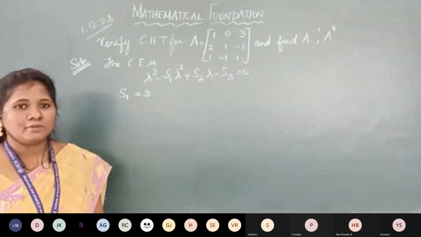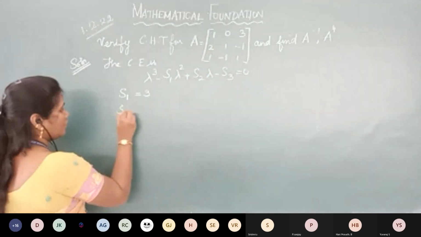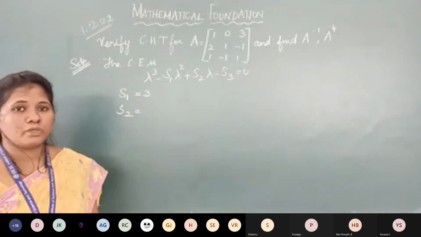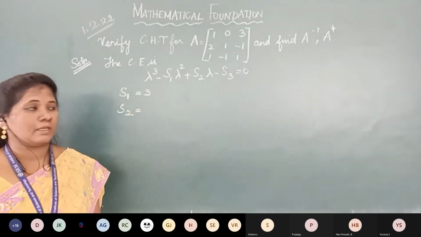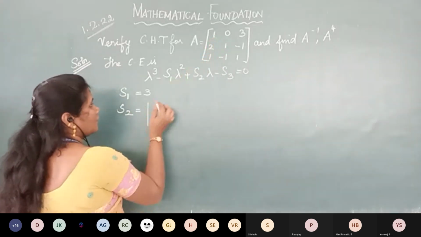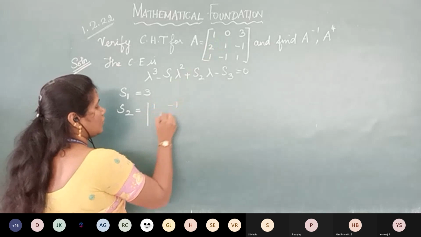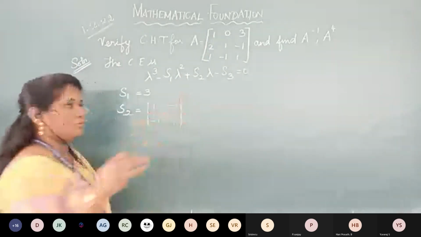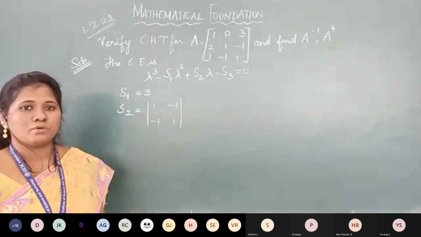And then your S2 is the sum of the minors of the main diagonal elements. You have to take the minors of the main diagonal. So the minor of this 1 will be 1 minus 1 minus 1 1. Always write it and do it, otherwise sometimes you will go wrong.